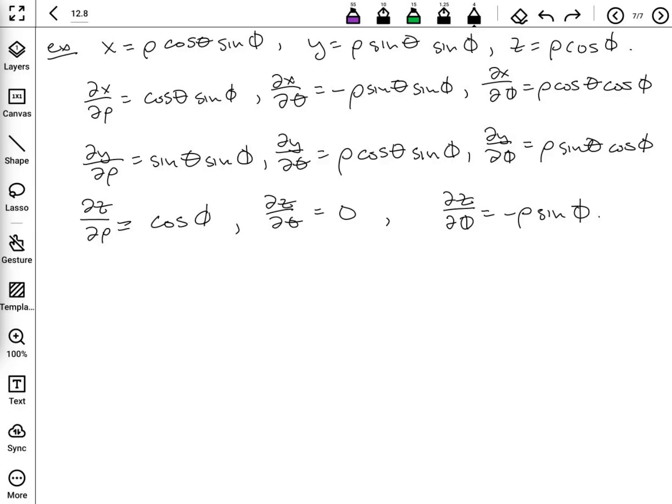And then we're going to put this all into our Jacobian. Normally I do that dx d rho, dx d theta, dx d phi. I'll just do it. It's just going to be so messy. So I do x in my top row, and then I move across and do the different derivatives.